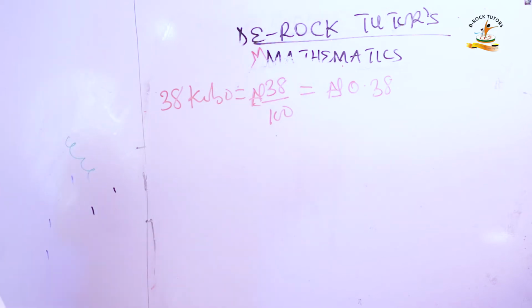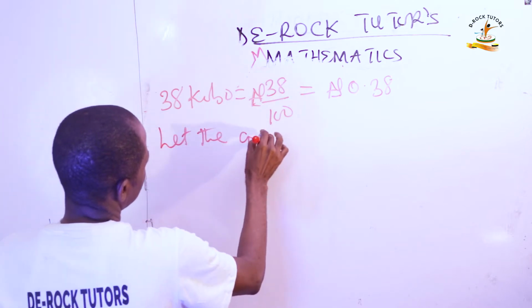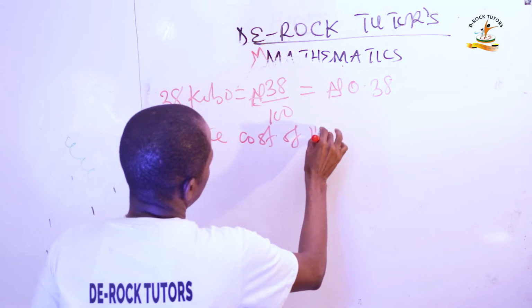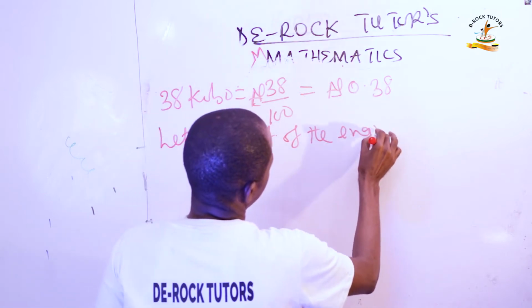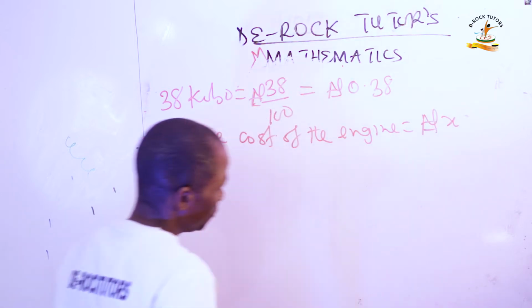Now, if 22,800 naira was paid as import duty, we have to calculate the cost of the engine. So we can say let the cost of the engine be x naira.